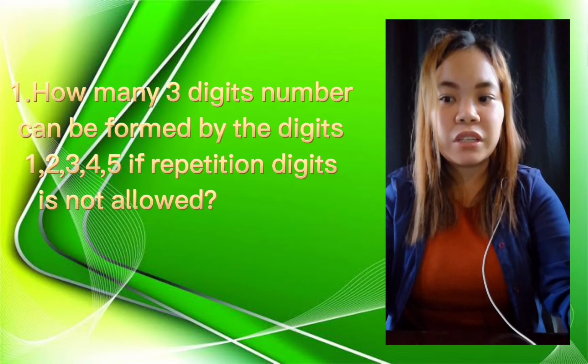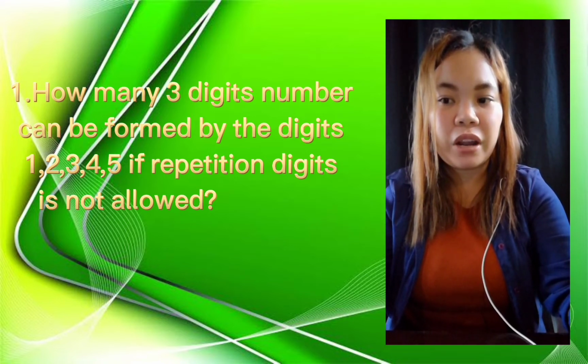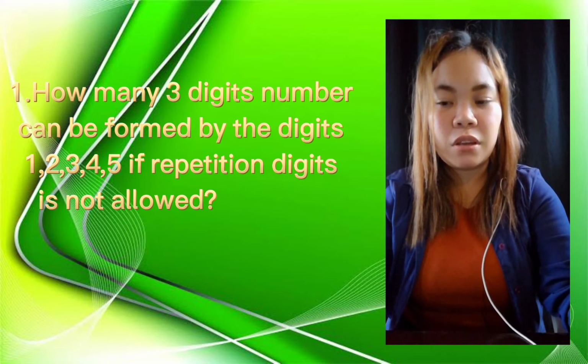Now, let's have another example on how to use the factorial. First example: how many 3-digit numbers can be formed from the digits 1, 2, 3, 4, and 5 if repetition is not allowed?